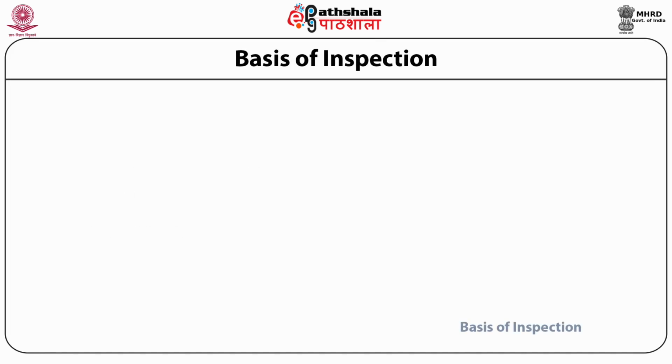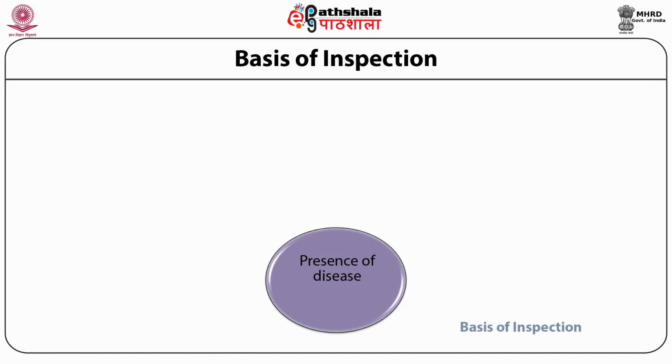Ante-mortem inspections are based on some of the following assumptions: presence and extent of any signs of disease. Diseased animal give a poor quality of meat. Meat from infected animal may cause infection in a consumer as well. Selling of infected meat is also an offense under various food laws.